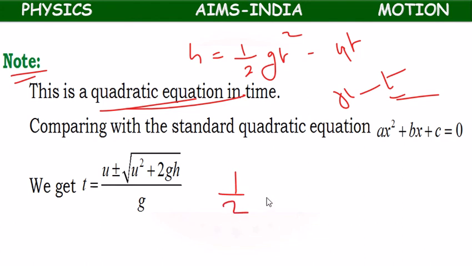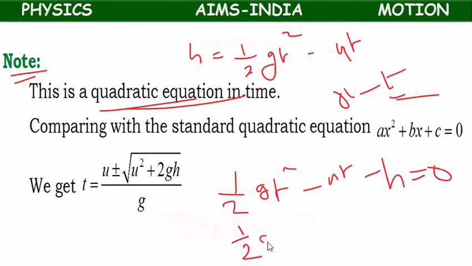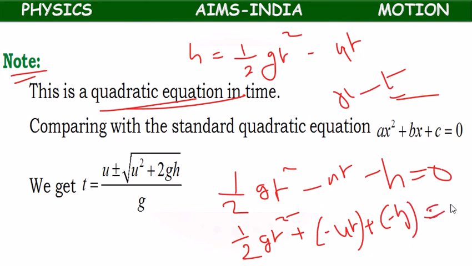Or we can write it as half gt square minus ut minus h equal to 0, which is in the form of ax square plus bx plus c equals 0, where x means t.